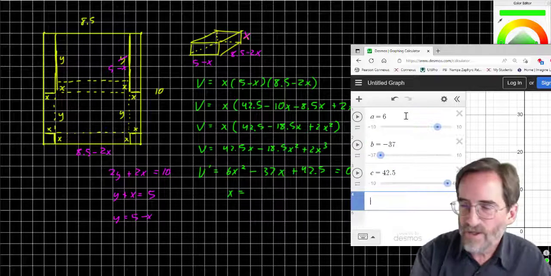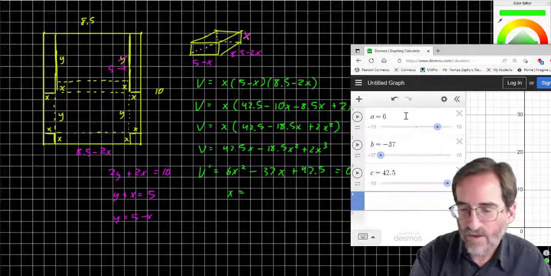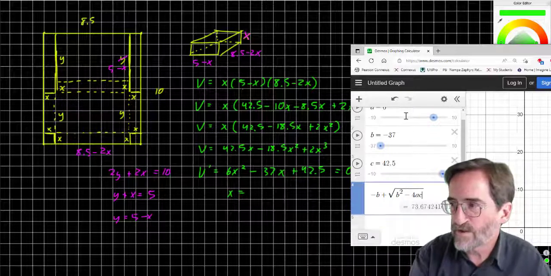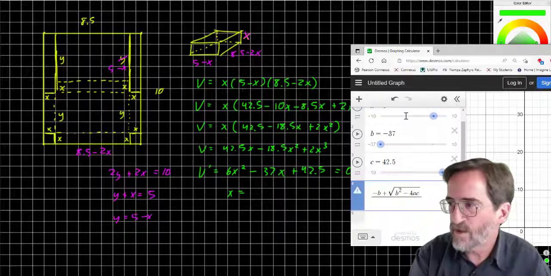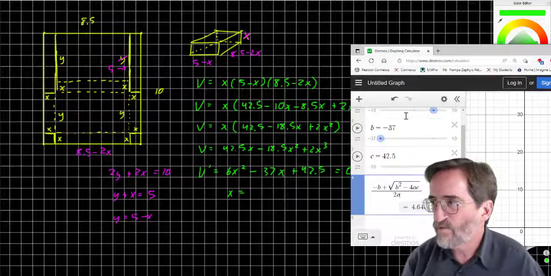Okay, and now just enter the quadratic formula. Negative b plus or minus square root b squared minus 4ac all over 2a, and I get 4.64.